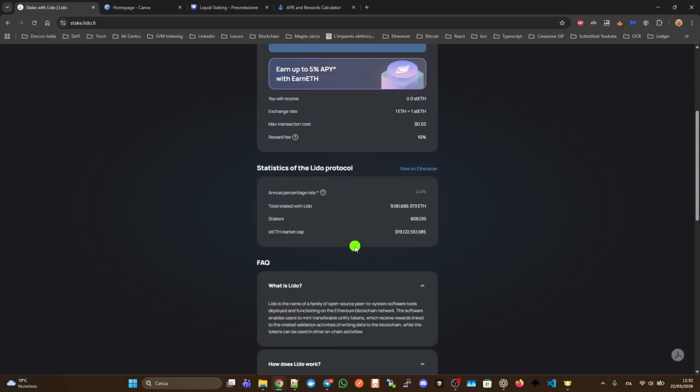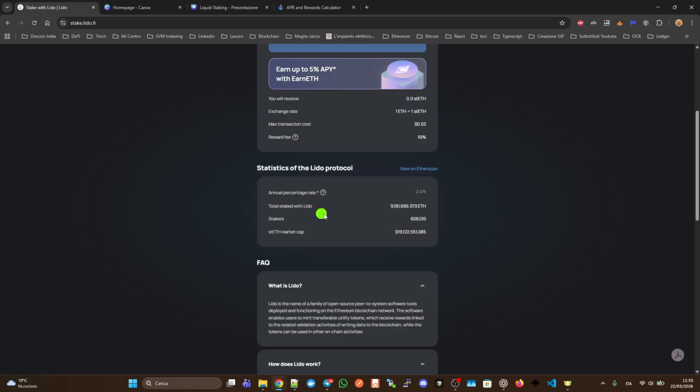Here you also have the statistics of the protocol, the annual percentage rate. This is basically the APR that we have discussed. It says this percentage reflects the moving average of APR for the past 7-day period. This percentage does not guarantee future performance and is subject to change.